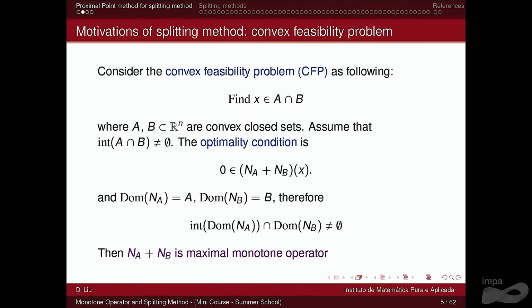But the normal cone of A plus N_B will still be maximal monotone, and it requires some assumption. So if we assume that the interior of the intersection of A and B is non-empty, we can conclude that the sum of these two normal cone operators is still maximal monotone.